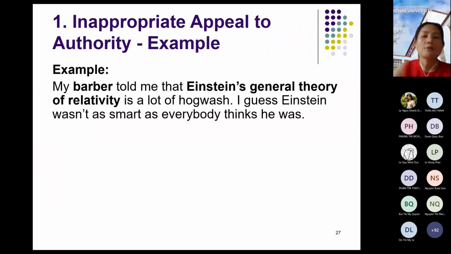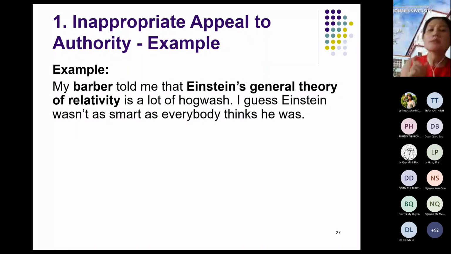Now we'll look at the example here. In this example, the person is trying to draw a conclusion about Einstein's intelligence: I guess Einstein wasn't as smart as everybody thinks he was. And why did the person say so? Because his or her barber said that Einstein's general theory of relativity is a lot of hogwash. So the person cites information from the barber about Einstein's general theory and then makes a conclusion about Einstein's intelligence.